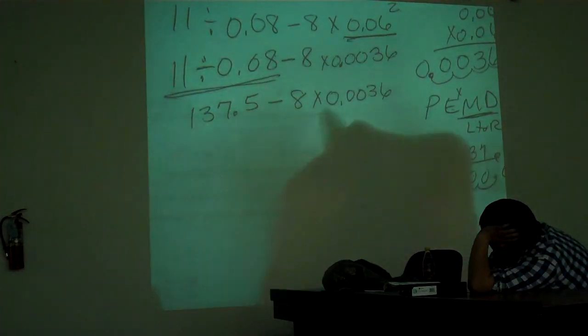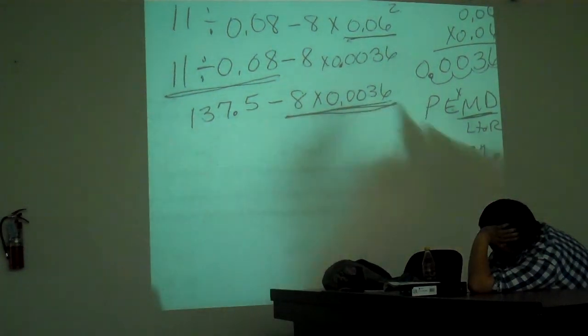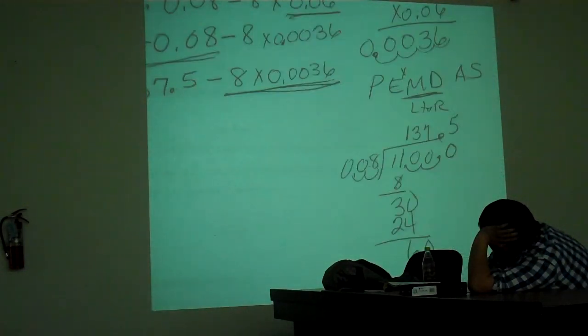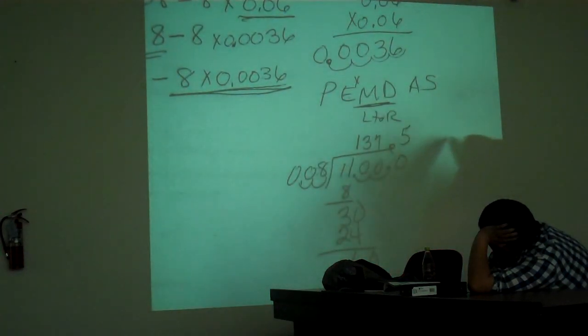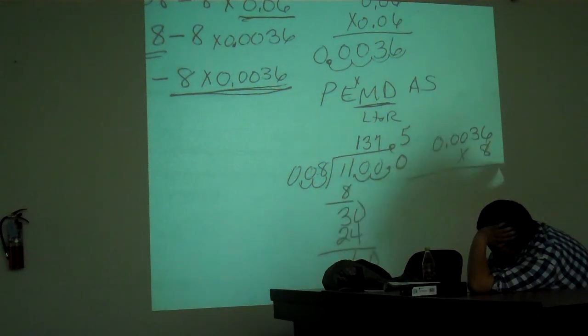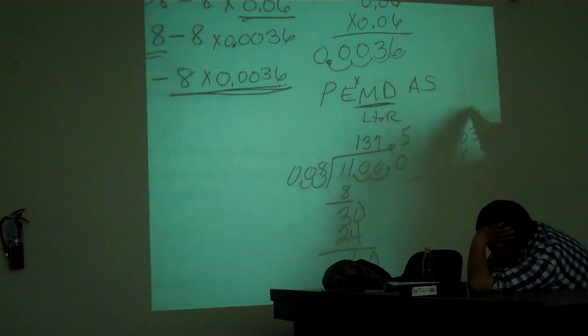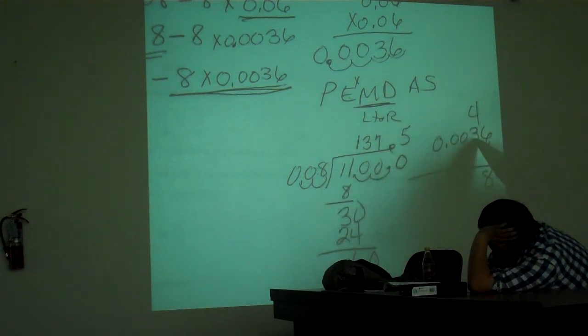What do we do next? Multiply. Yeah, don't subtract yet. Okay, 8 times 0.0036. Let's put the long number on top. 0.0036 times 8. 8 times 6, 48. 8 times 3, 24 and 4 is 28.